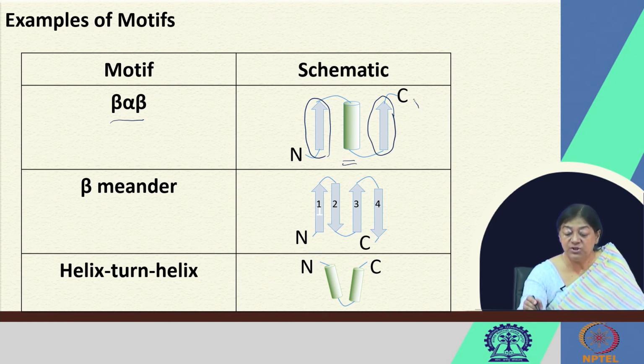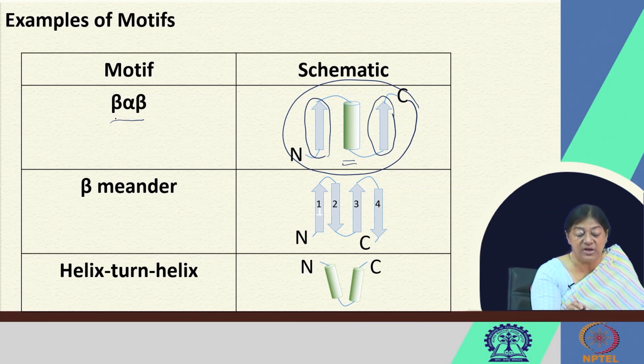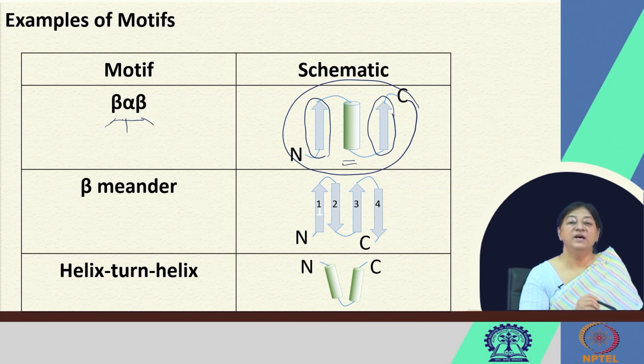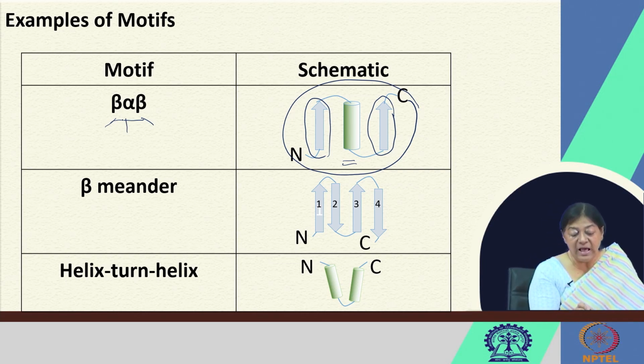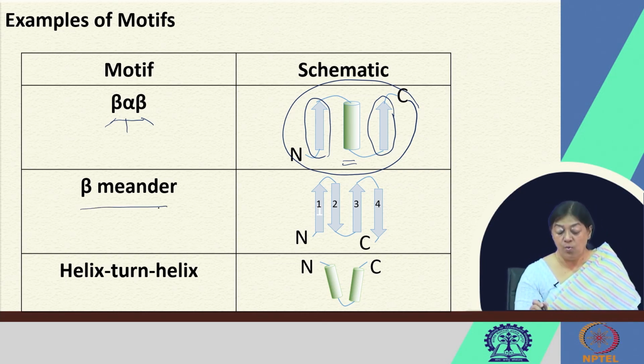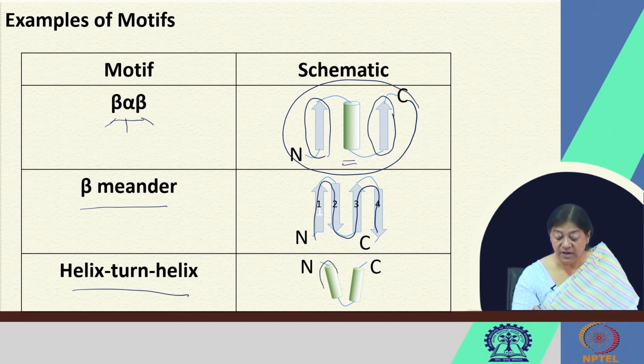If we look at a schematic diagram of this, we have the beta strands and an alpha unit sandwiched between the strands. We can have what is called a beta meander, where the beta strands go in this direction. We can have a helix turn helix, where we have a turn that is connecting the 2 helices together.